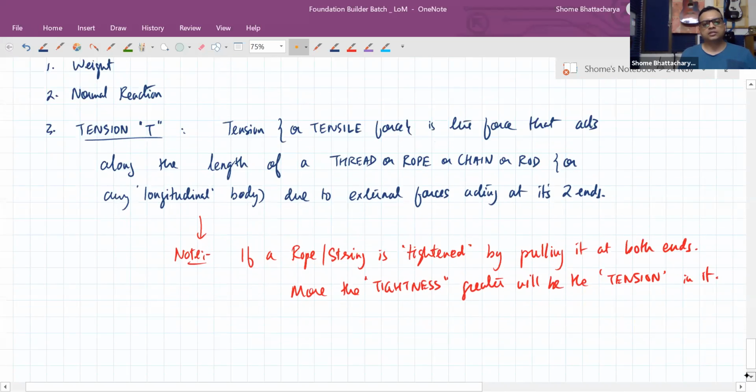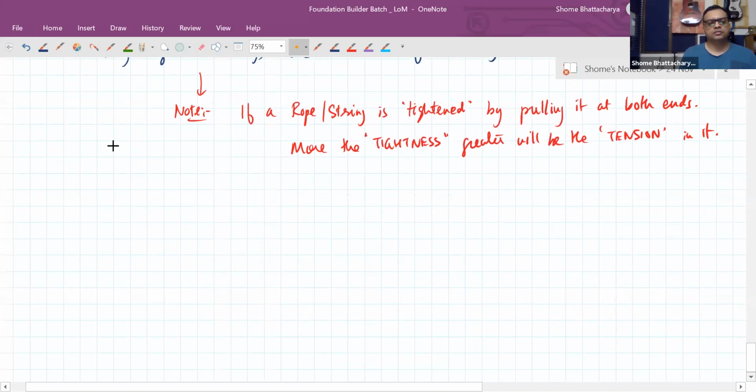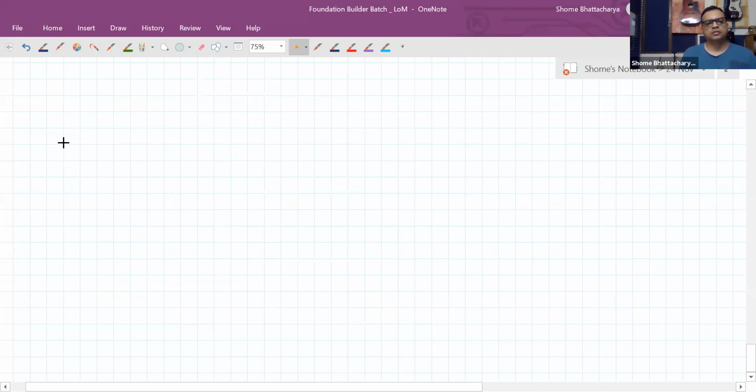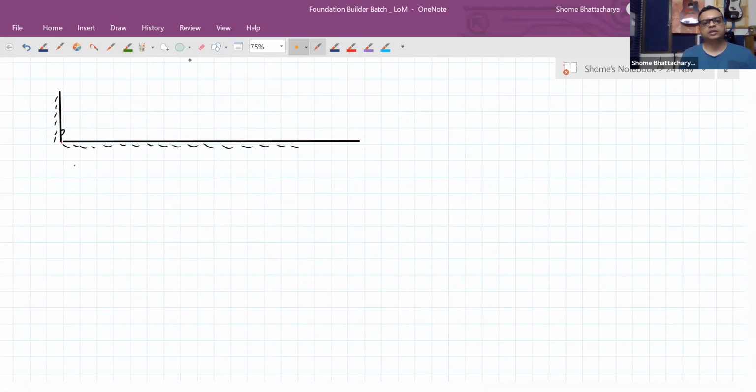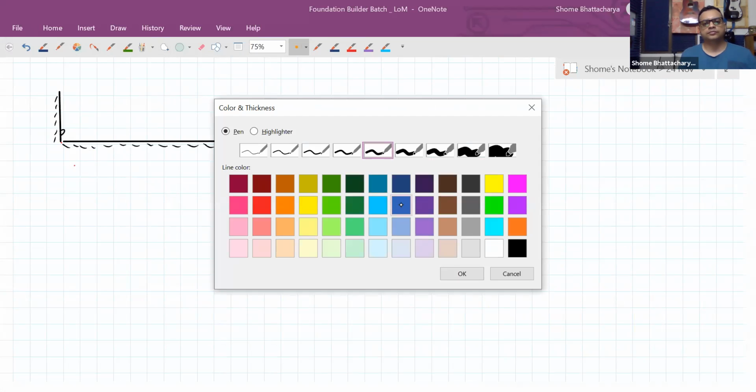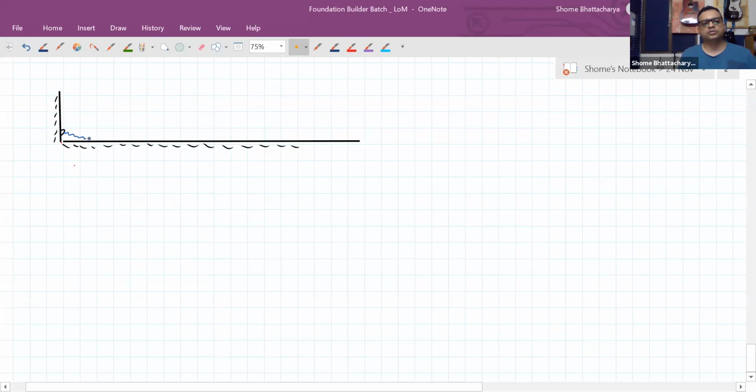Okay, so as I was saying, let us understand this with an example. Suppose what we've done is, on a smooth surface, we have kept some kind of a rope attached to a hook like this.